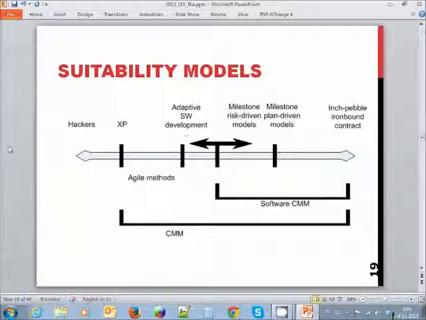On the other side, there's the inch-pebble iron-bound contract, meaning, let's say, a really painful government or military contract where you have to agree basically on absolutely everything before you can do any development. Or if you have to do even minute changes to the software, you have to get permission from your own administration and from the customer to agree that, okay, this software product is a bit different than we originally designed it to be.